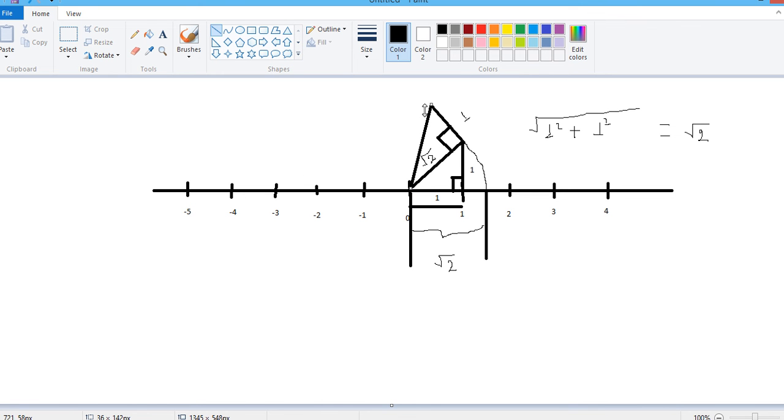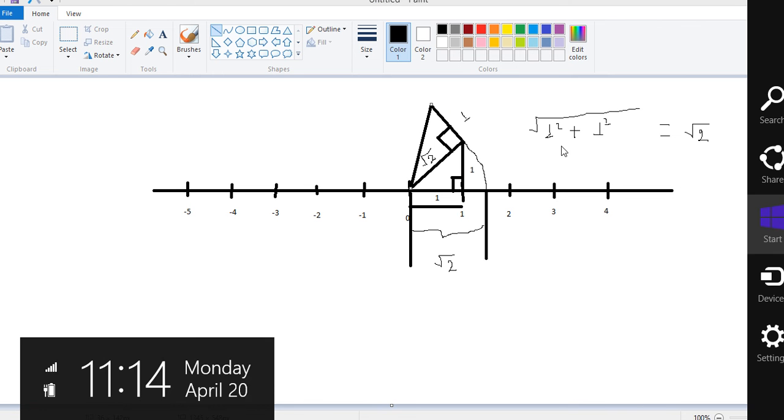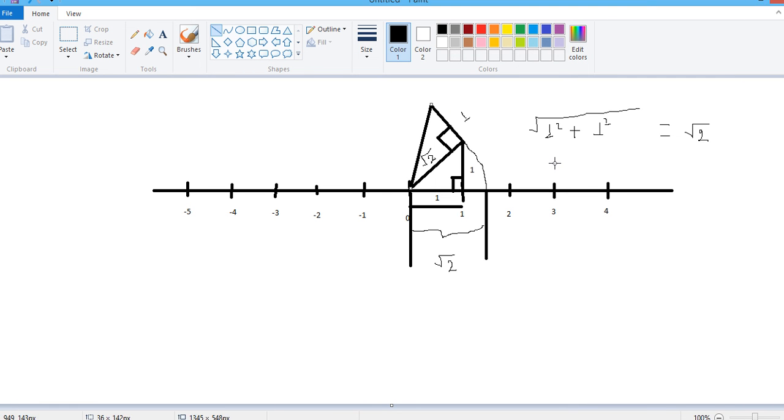So what will be the value of this? This is a right angle triangle, and as per Pythagoras theorem, this is the hypotenuse, right? And for that hypotenuse, what will be the formula? That is root of 2 square plus 1 square, right?